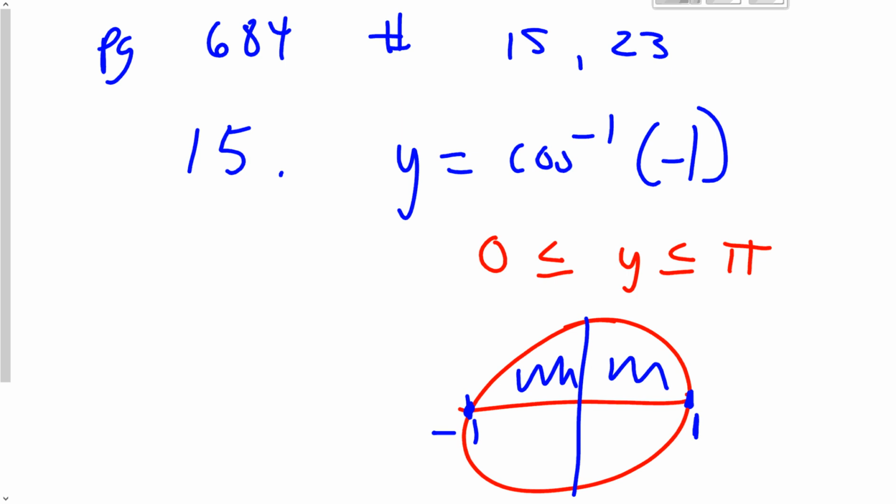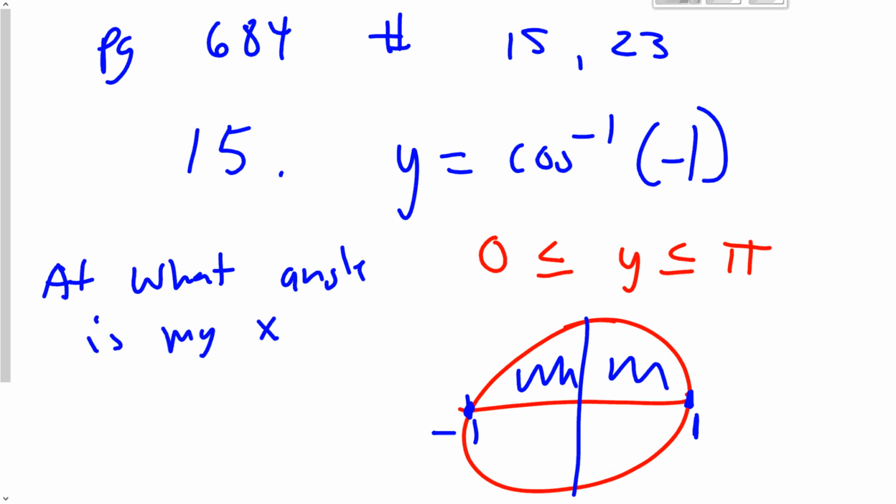You can still do the left-hand method, that's fine, but we're looking in the first and second quadrant, and we're looking at cosine, which relates to x. At what angle is my x 1? Well, it's x over r, really, but we're looking at the unit circle here, so our r is 1 for now.